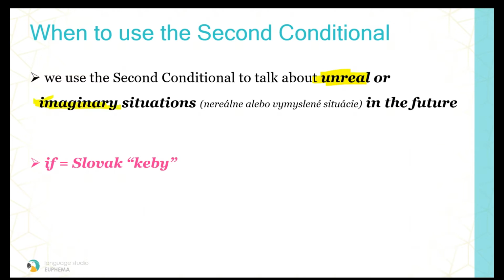Another thing to remember is that in the second conditional sentence, there is always this word if, but this time it does not mean the same as in the first conditional. We learned that in the first conditional it means ak. Now the meaning changes, and the meaning of if is keby because it's imaginary.